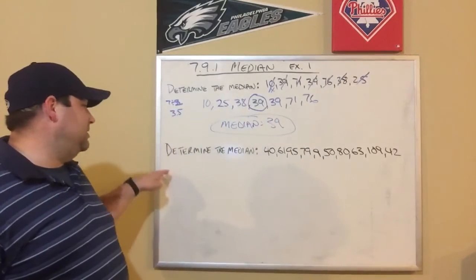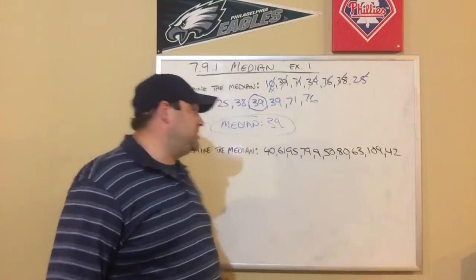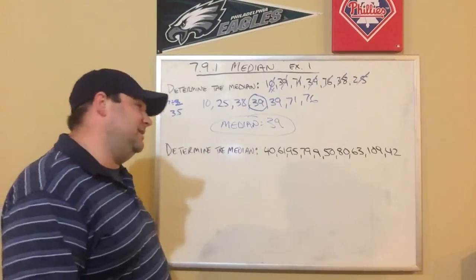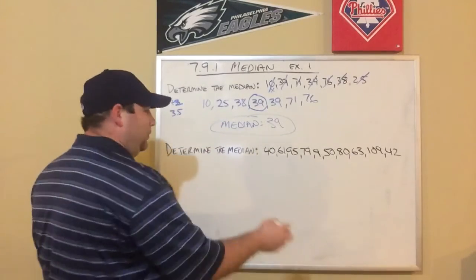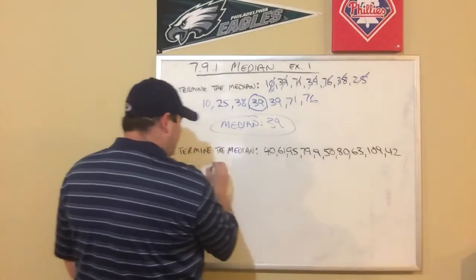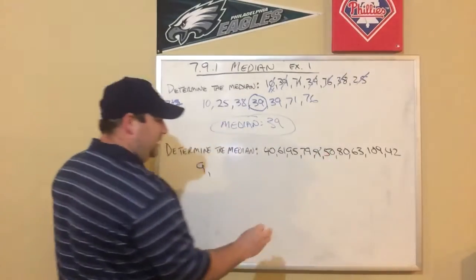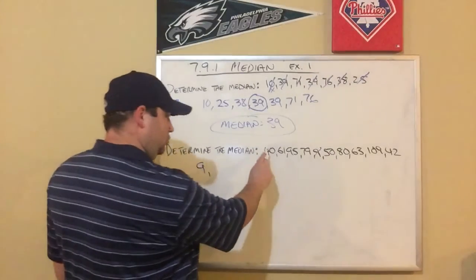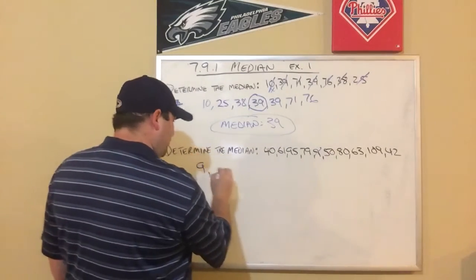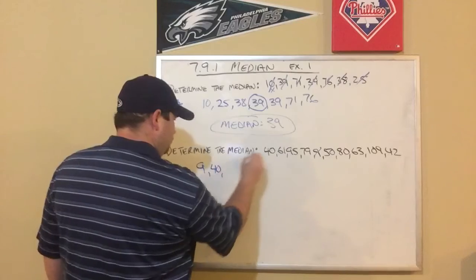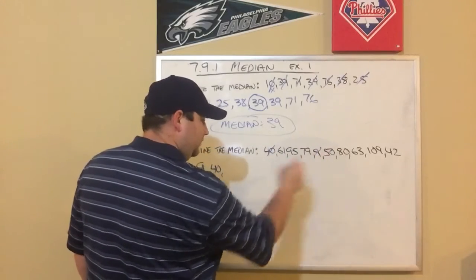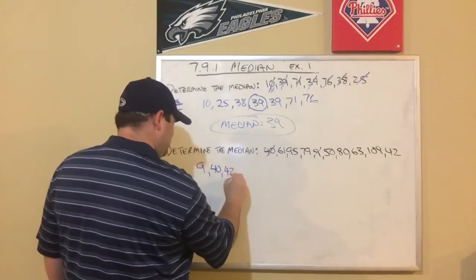So let's look at the next one. Determine the median. Again, we got a whole bunch of numbers here. We got to list them from least to greatest. It's kind of a hassle, but it's the only way to do it. So I'm looking here. 9 is my smallest. What's next? Anything lower than 40? No, 40. Then I saw a 42.